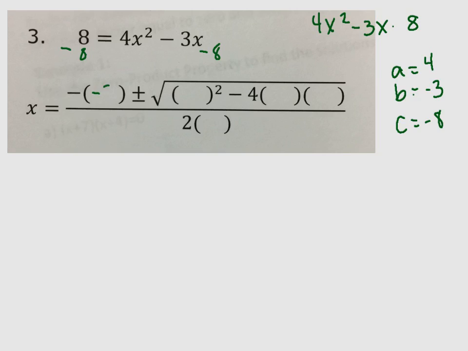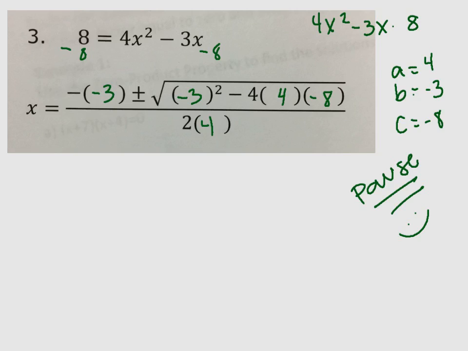Negative B plus or minus the square root of B squared minus 4 times A times C, all over 2A. Okay, if you would pause this, then I'm going to go ahead and show you how to do it.